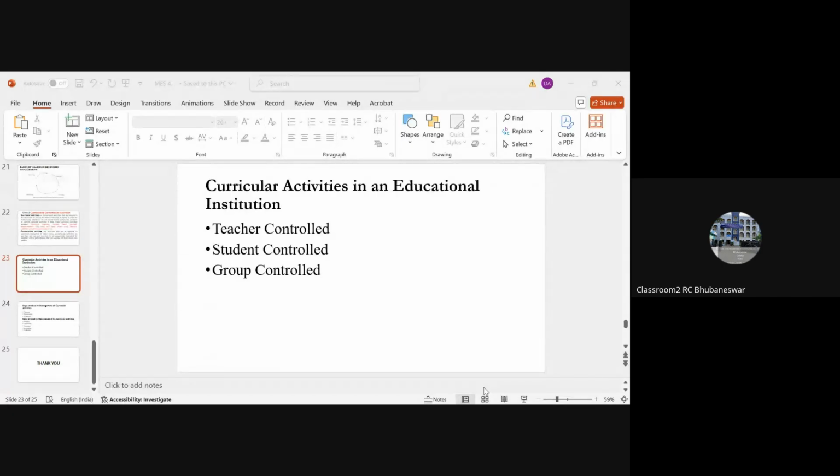Recognition of individual differences as per the need of the child, as per the difference of the child, he or she should be taken care of. Active student participation must be ensured. Working at one's own pace or self-pacing.